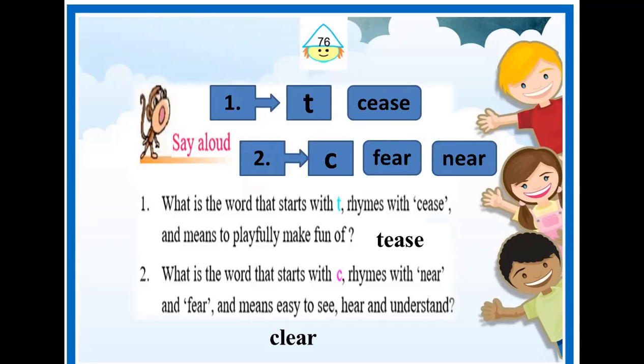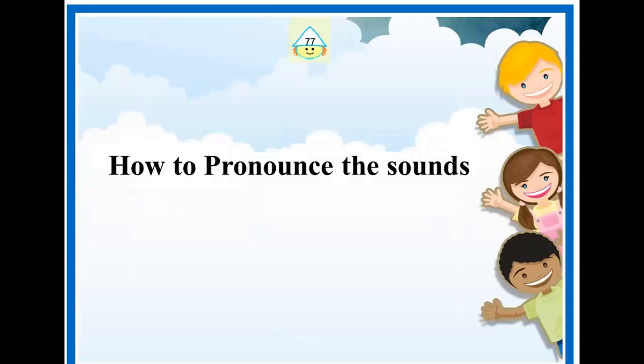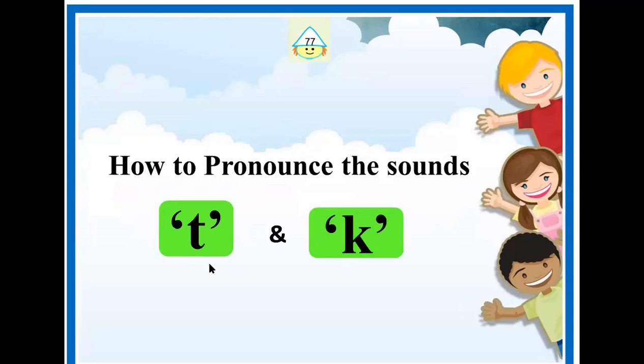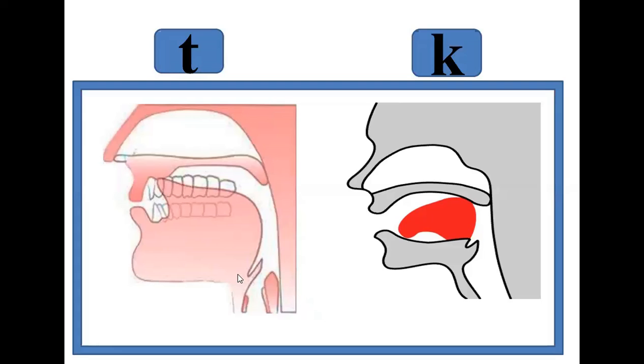Children, it's time for us to discuss our next exercise, which is how to pronounce the sounds T and K. The letter T makes the sound T and the letter K makes the sound K. Now let's see the position taken by our tongue while making the sounds T and K. On the screen, you will find two diagrams that show how the sounds T and K are produced in the mouth.